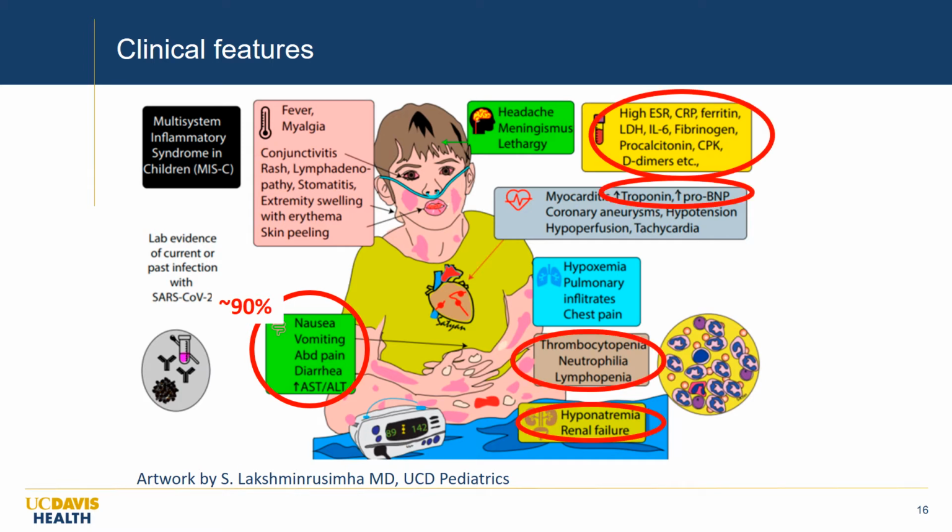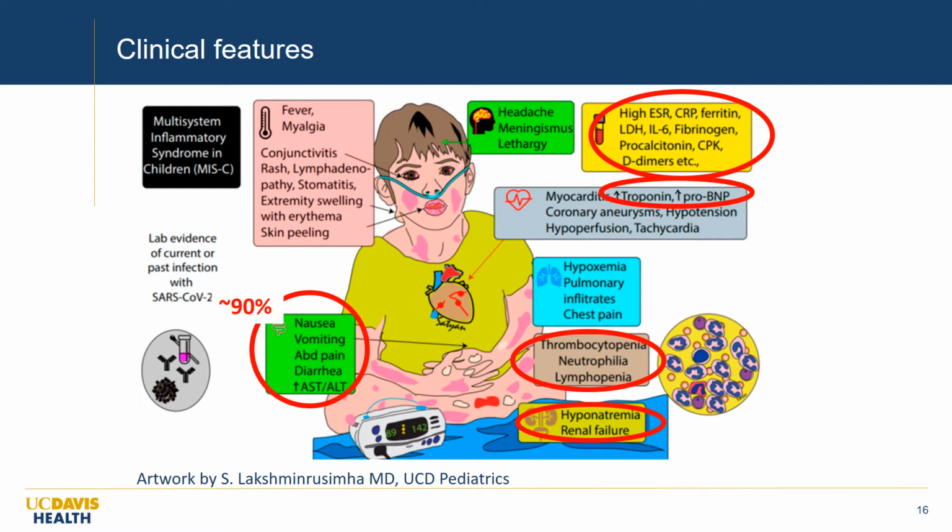Universally, their labs have elevated inflammatory markers, and so they have very high SED rate, CRP, ferritin, fibrinogen. If IL-6 is checked, a lot of them will have elevated IL-6. Procalcitonin is usually elevated, the D-dimer is elevated. So all of these can be pro-inflammatory mediators, which is why they tend to be elevated.